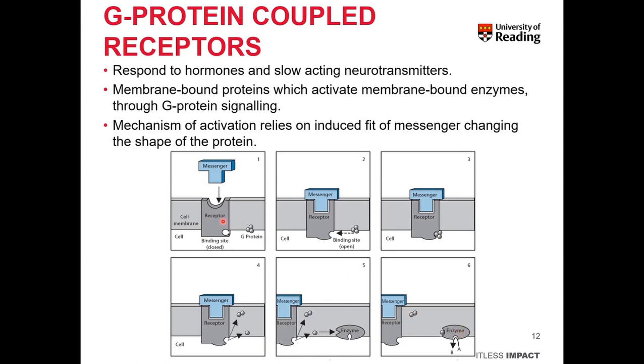For the receptor, it's the induced fit that opens this binding site and makes it available for G-protein to bind into. In the enzyme, it's the binding of the protein subunit at an allosteric site that induces an induced fit on the enzyme and allows its active site to open up and process substrate into product.